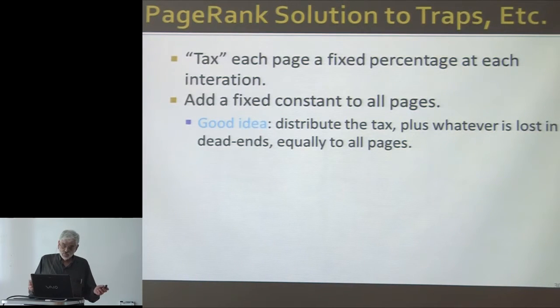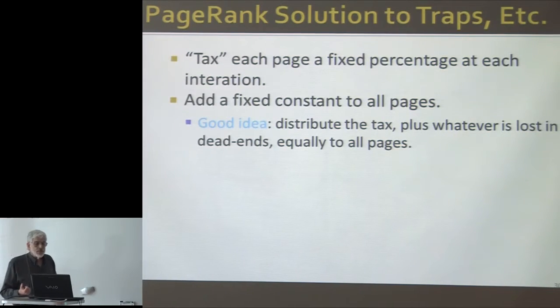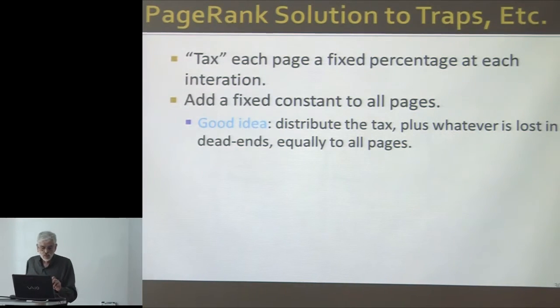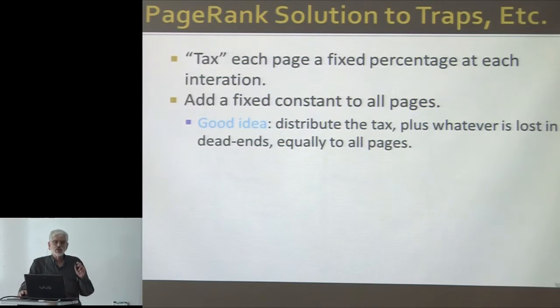Well, at any rate, they would give everybody an equal payment. They're going to certainly take the tax, distribute it evenly, but at the same time, they might as well take what's going to fall out in the dead ends and distribute that evenly as well. It doesn't matter, you could do that or not, but the point is that you're going to add a constant to every page.